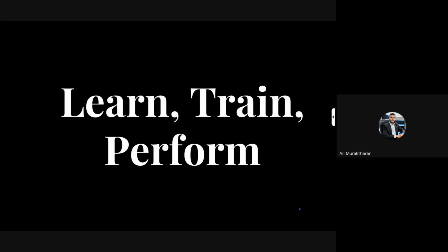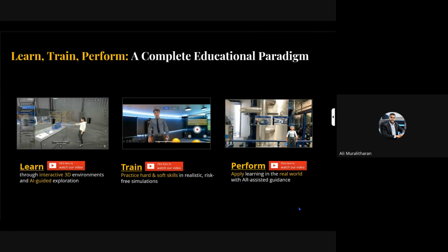Now, our approach is based on the three pillars: learn, train, and perform. It's a complete educational paradigm. Users can explore interactive 3D environments and gain knowledge with AI guided exploration in their learning stage. And moving on, in the training stage, users can practice both hard and soft skills in realistic and risk free simulations.